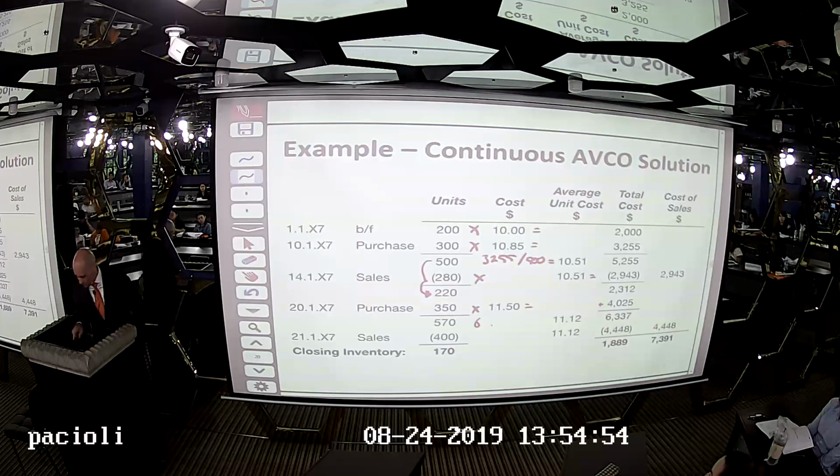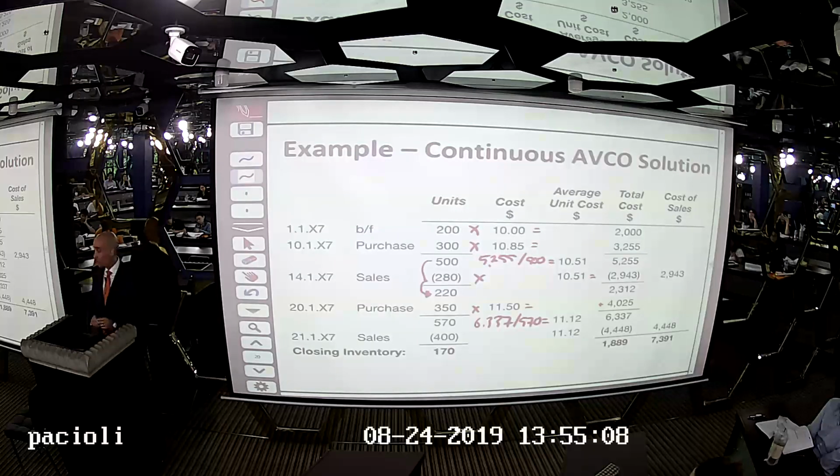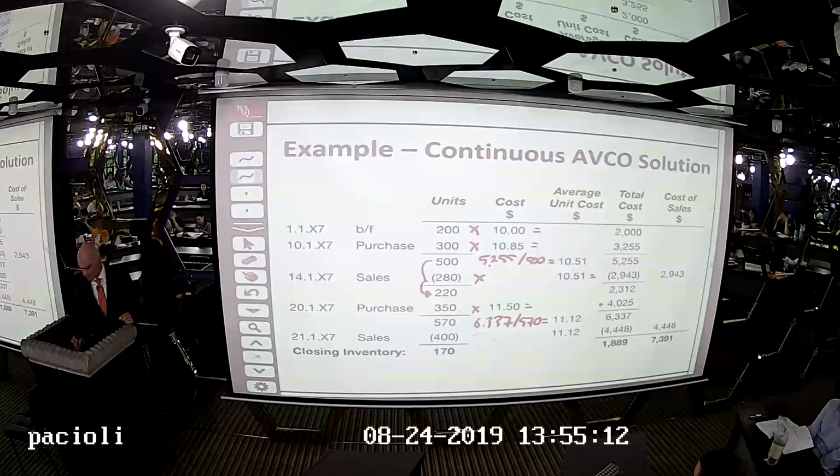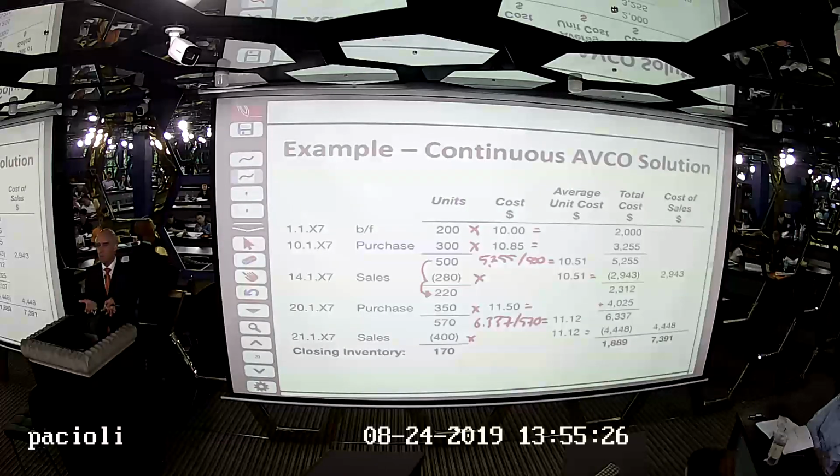Oh, I'm sorry, earlier I made a mistake here. It should be 525. And 6,337 divided by 570 equals 11.20. So we find the average again. And then again we sell 400 times 11.12 equals 444. So we find the average cost every time we sell. The average cost is the total cost divided by how many units you have.